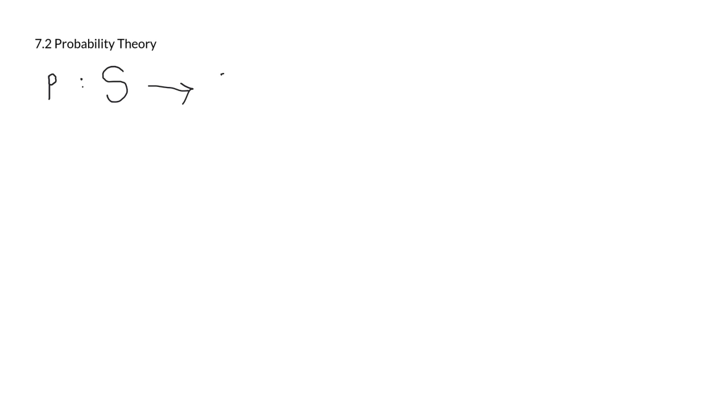So let me write that as the interval [0, 1]. This notation is the interval [0, 1], which means the real numbers between 0 and 1.